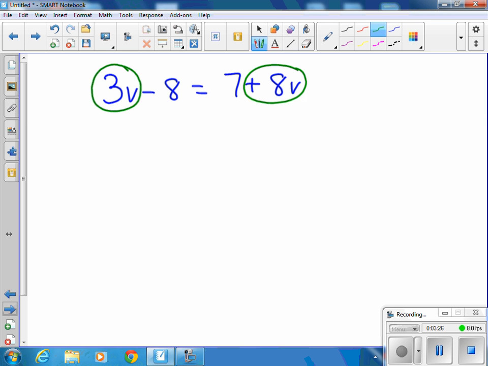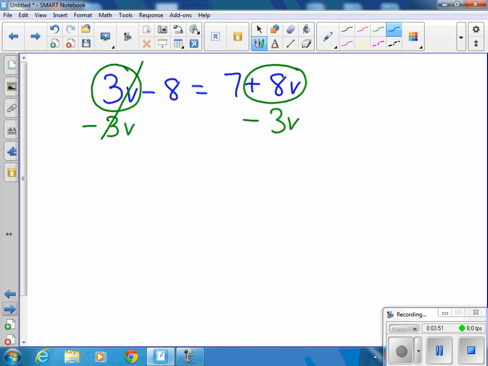Which do you think I'm going to do? Am I going to subtract 3v from both sides or subtract 8v from both sides? Taking a look at this, I'm thinking let's subtract the 3v from both sides, because this will cancel out right here and this will leave me with a positive v value, which I like, on the right-hand side.